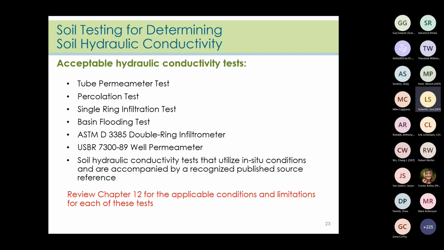Additional methods of establishing the soil hydraulic conductivity, such as ASTM D3385, the double ring infiltrometer, and USBR 7300-89, the well permeameter method, or other soil hydraulic conductivity tests that use in situ conditions and are accompanied by a recognized published source reference can be used, such as the Guelph permeameter, I apologize if I'm saying that wrong, the Philip-Dunne permeameter available at the Soil Science Society of America book series, Methods of Soil Analysis Part 1.